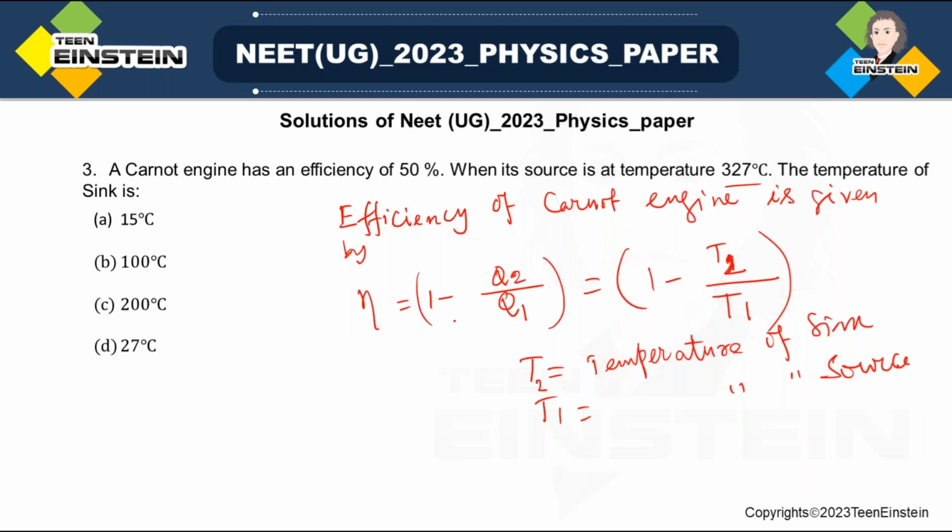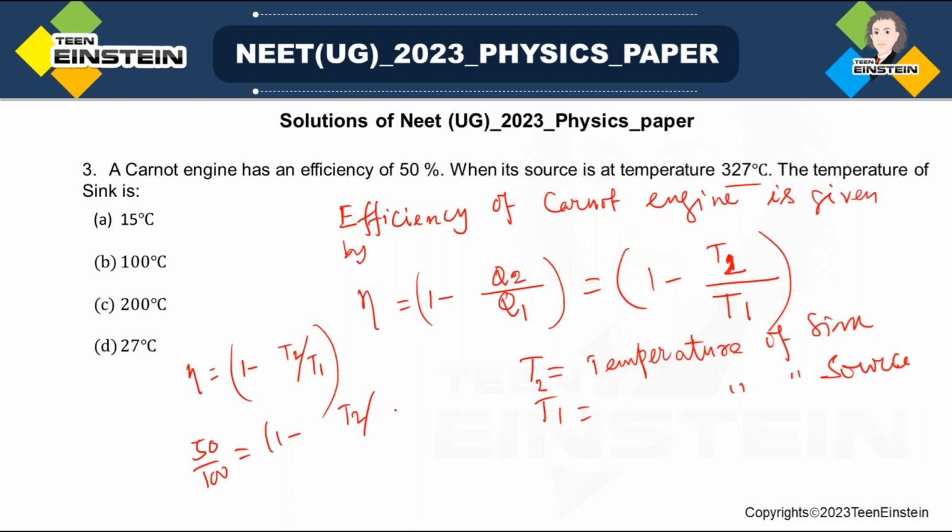So let us put it here. Eta is equal to, so this is 50%. I can write 50 by 100, 1 minus T2, let us keep that as it is.